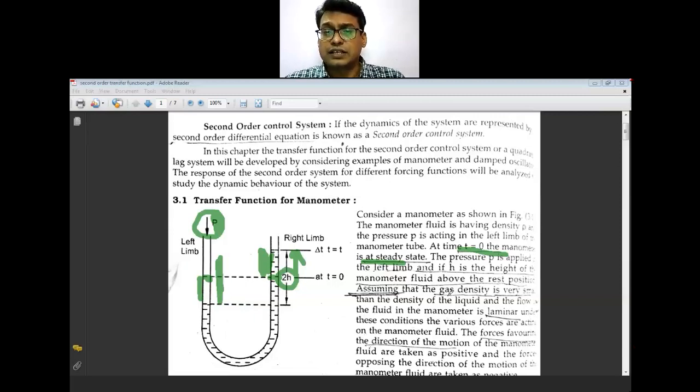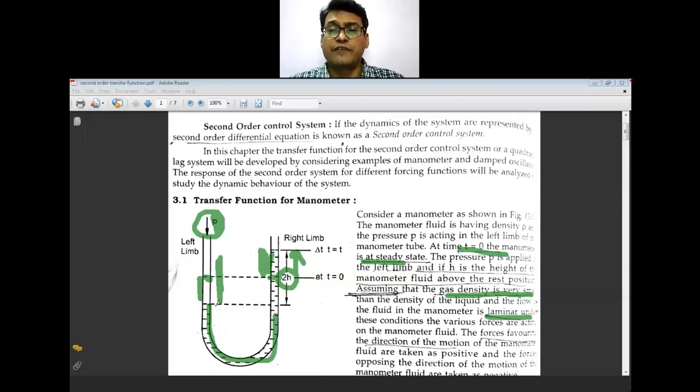Then there are certain assumptions. One assumption is that the gas density is very small, and so it is neglected. Then the flow is laminar; the fluid moving through this is laminar, no turbulence is created.